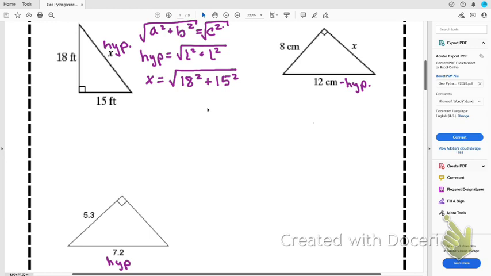Yeah, it's 324. So the square root of 324 plus 225. So I think that's 549. Yeah? Okay, so 549.